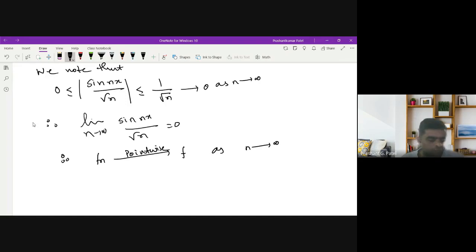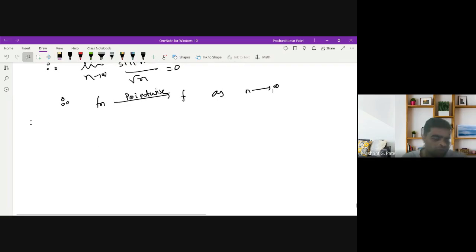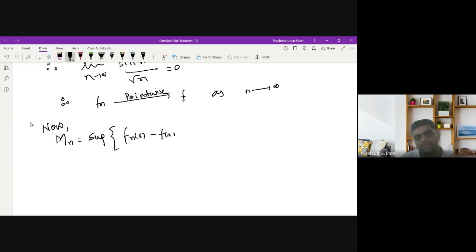Now let us prove that this is uniform convergence also. To check uniform convergence, you need to find Mn, which is the supremum of mod of fn of x minus f of x, as x belongs to R. Here fn of x is sin nx upon root n, minus f of x which is 0.